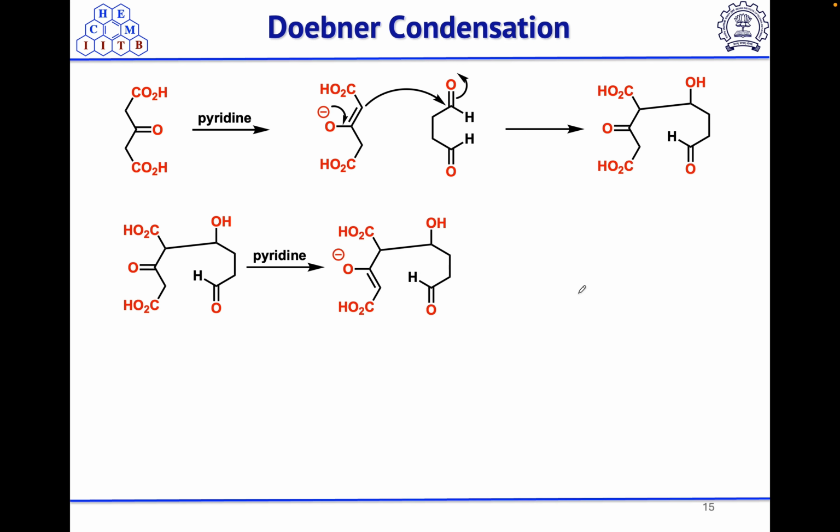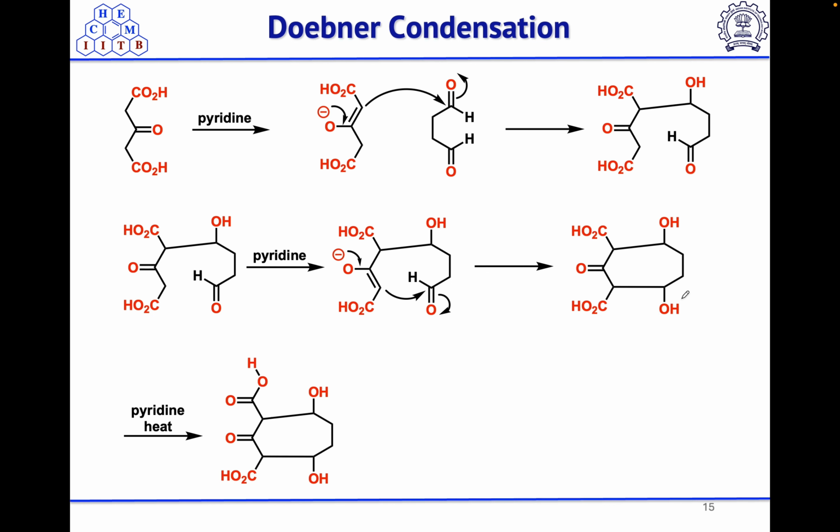For the next step, again similarly, this enolate will generate in the presence of pyridine, and you will get addition to this aldehyde, giving this beta hydroxy compound. So what will be next? Next, in pyridine with heat, this carboxylic acid will be removed.